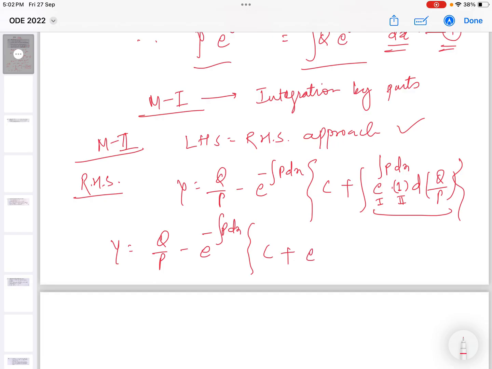So e raised to the power integral p dx times the integration of the second function, that is q by p, minus the differentiation of the first function, e to the power integral p dx, that is p, with the integration of p dx as it is, times the integration of this term q by p.